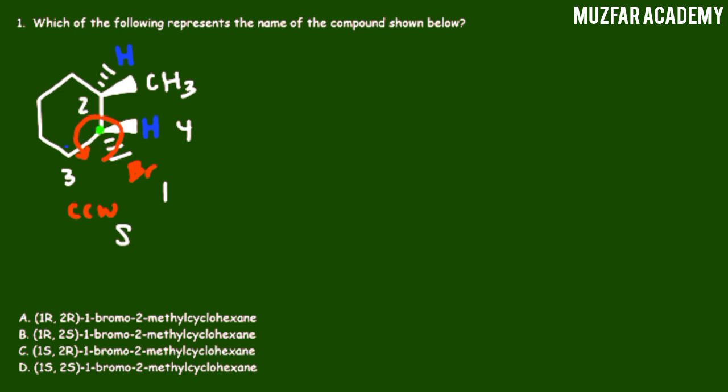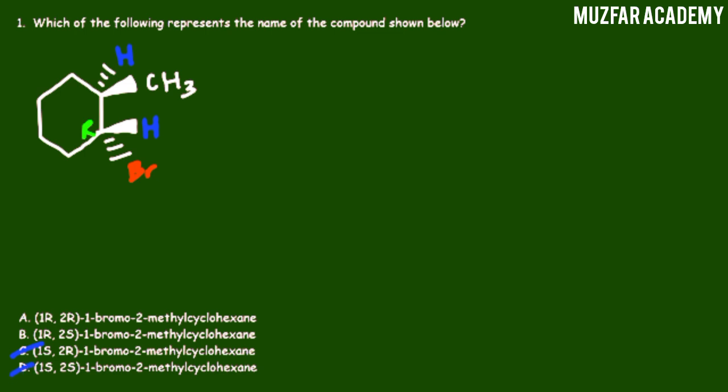So we're going to go in the other direction, that is in a clockwise direction, which will give us R. So we have the R configuration for that chiral center. And the carbon with the bromine atom, that's carbon number 1. So it's going to be 1R, which means we could eliminate answer choices C and D.